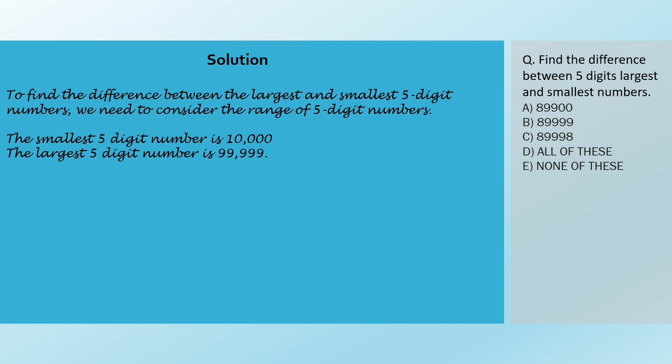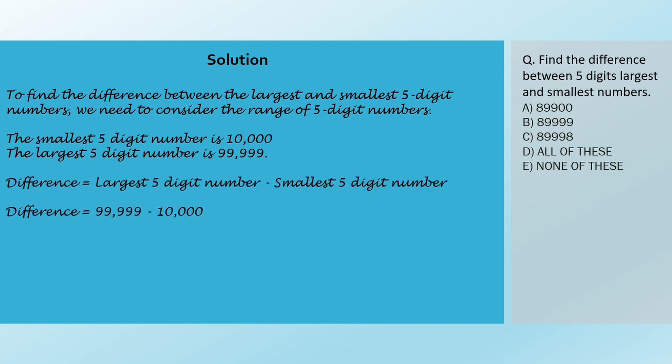Now for the largest number, we have chosen the highest single digit, which is 9. So the largest 5 digit number is 99,999. Okay, so hope you are clear on this key concept. If you understand this, then you should be able to solve these problems easily.